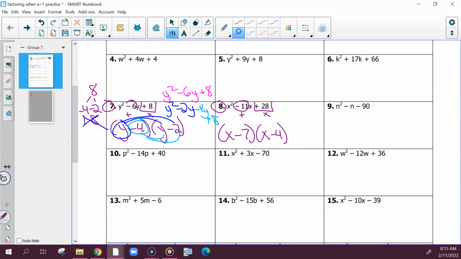Your factors would be 1 and 28, 2 and 14, and 7 and 4. Be careful because when you write out your factors, you may be thinking 2 and 14, but that doesn't give you 11. But 7 and 4 would.